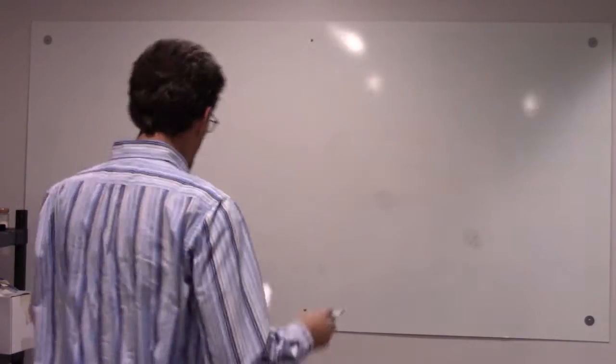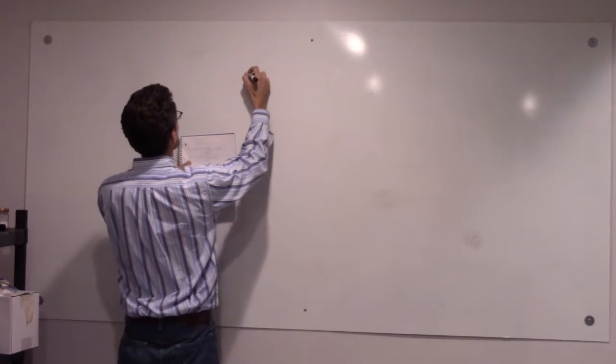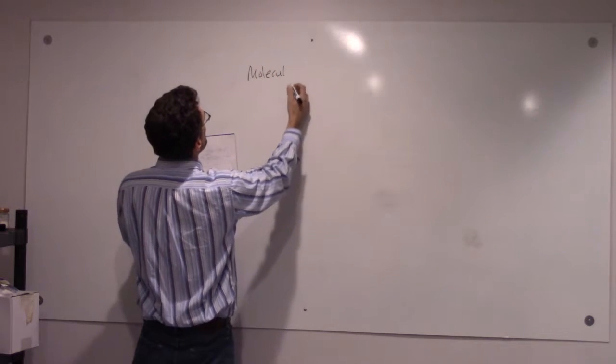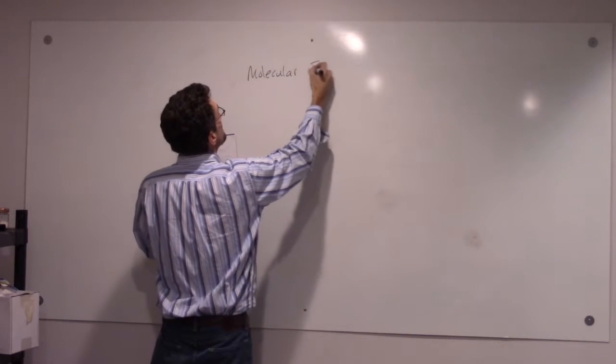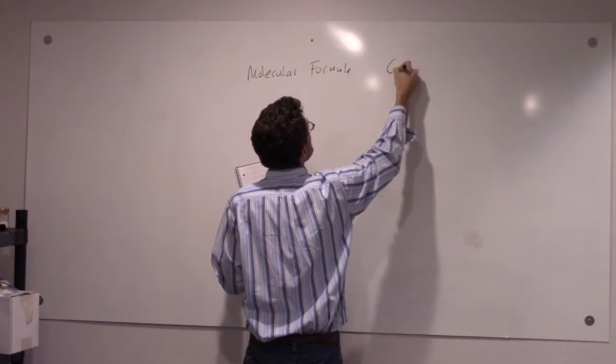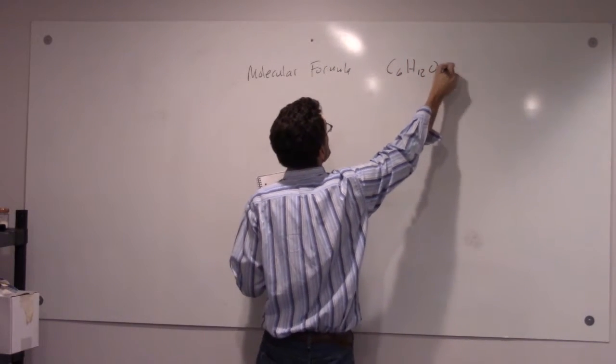Empirical formula. I'm not going to finish empirical formula in 5 minutes, but I can review it real quick. Remember what empirical formula was? So we had molecular formula, and we gave an example of molecular formulas like C6H12O6.